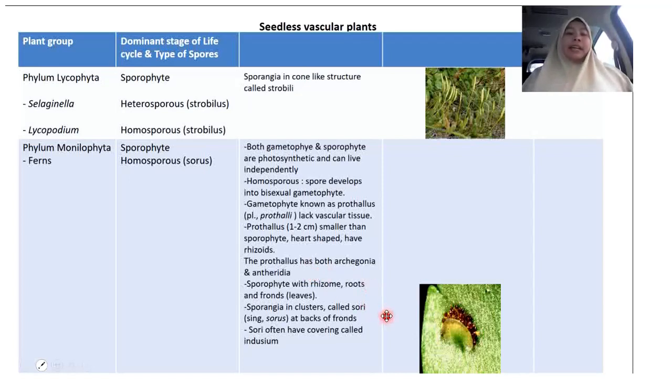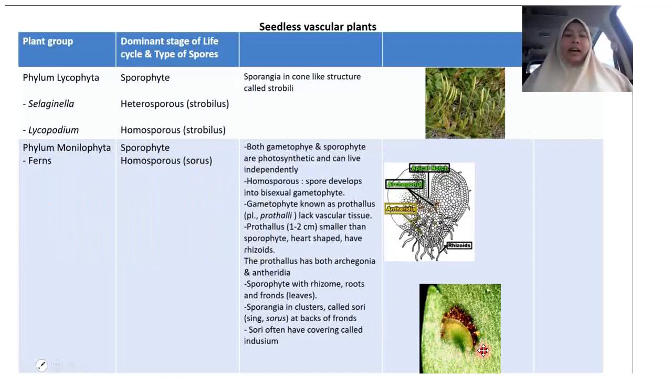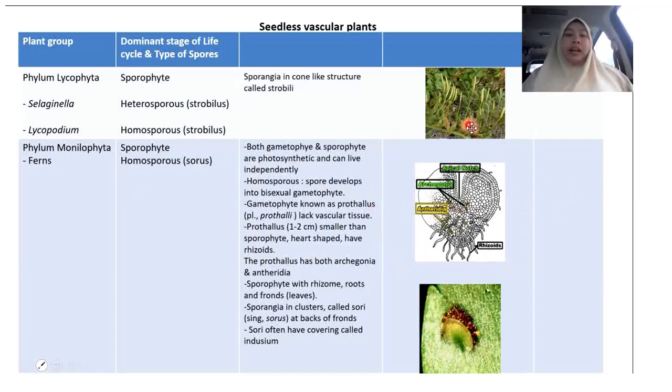The sporangia are in clusters that we call sori, located at the back of the fronds. The sori are often covered with indusium. This one is the indusium. This picture shows you the structure of the prothallus.